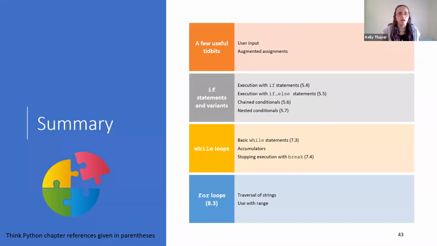All right, I hope that was a useful introduction for you to flow control. We've talked about a number of things today and introduced a number of new concepts that should be quite helpful in writing your code. A few useful tidbits: we talked about user input and augmented assignment.